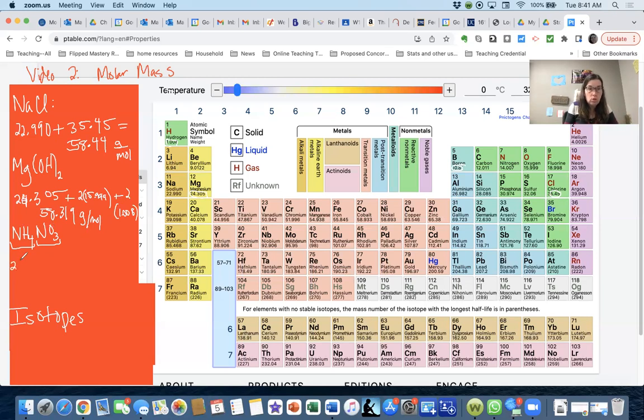So you could say there's 2 nitrogens, one here and one here, 14.007 plus 4 times 1.008 plus 3 times 15.999. Okay, and again, that's just a matter of putting that in the calculator, adding it together, easy peasy.